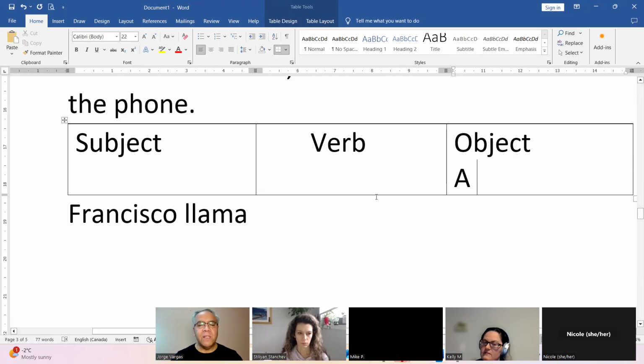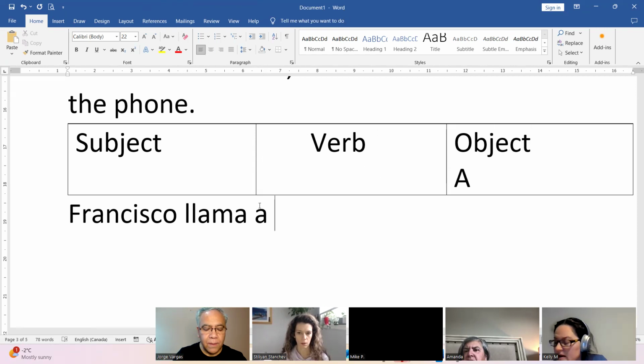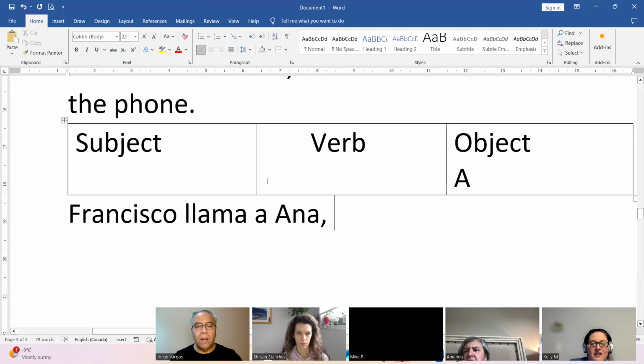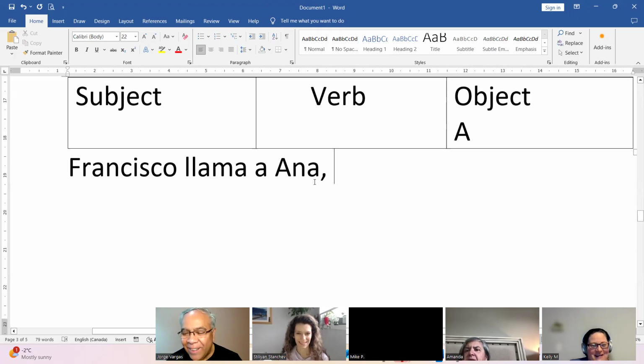So in this case, Francisco llama a Ana. Perfecto. It's a lot of A's. Llama a Ana. Now it's not only two, but we have three. The verb. Perfect example.